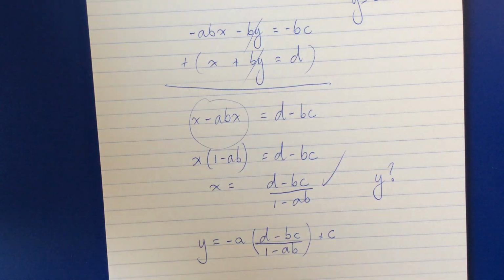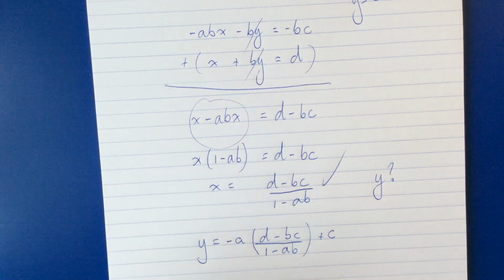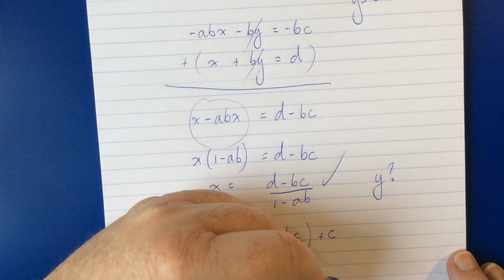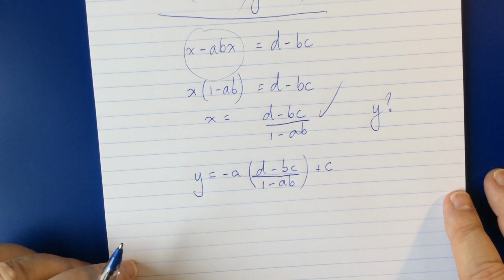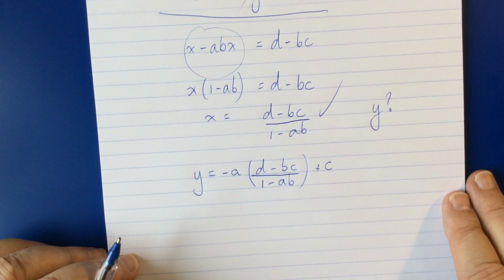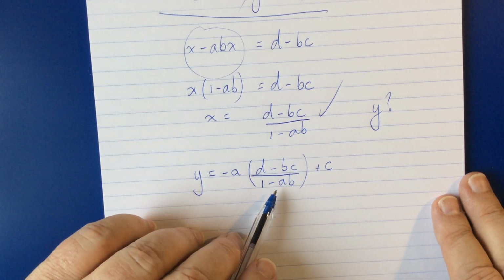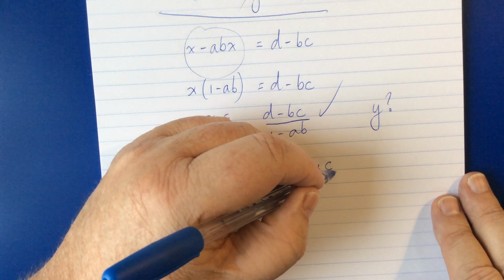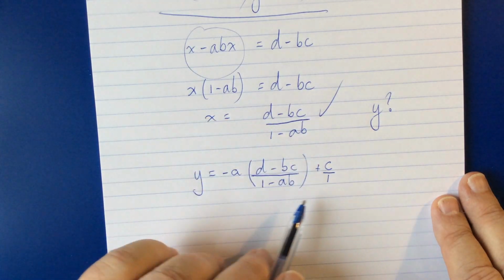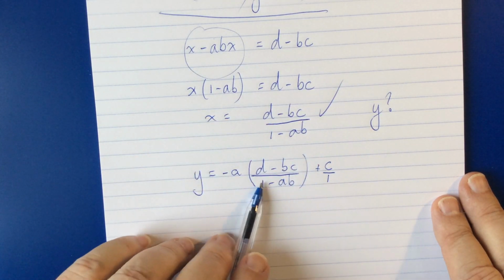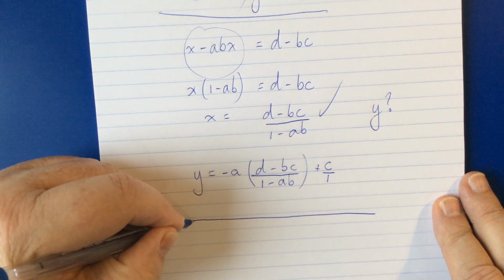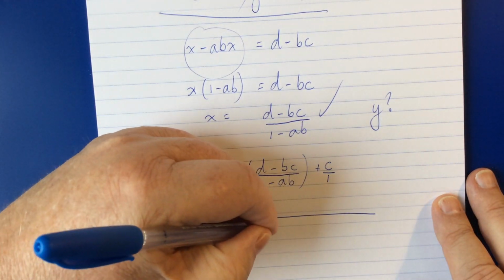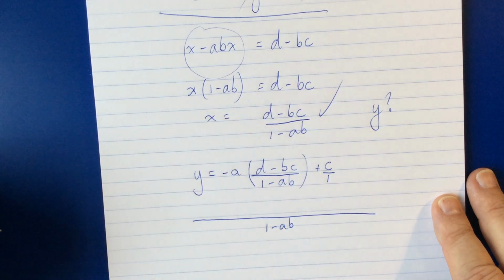Okay, so where do we go from there? Well, it's fraction time. Basically we're going to get ourselves the same denominator. So this c is actually c over 1. When we create a common denominator, it's just this times this. So our denominator here is 1 minus ab.